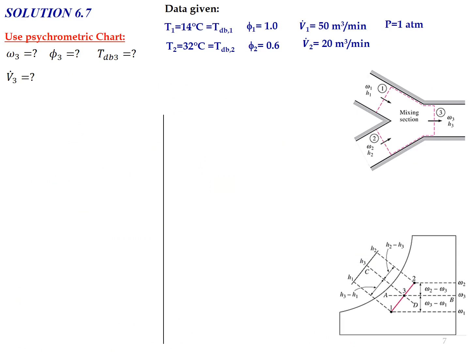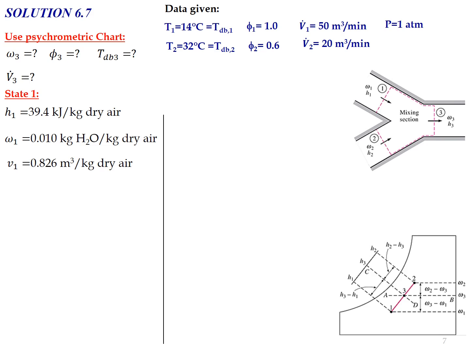Okay, now we need to determine, based on the information that we have for state number 1 and state number 2, the value of omega 3, psi 3, and dry bulb temperature for state number 3, and also the volume flow rate for state number 3. For state number 1, we already determined H1 equal to 39.4 kJ per kg dry air, omega 1 equal to 0.010 kg H2O per kg dry air, and specific volume V1 equal to 0.826 meter cubic per kg dry air.